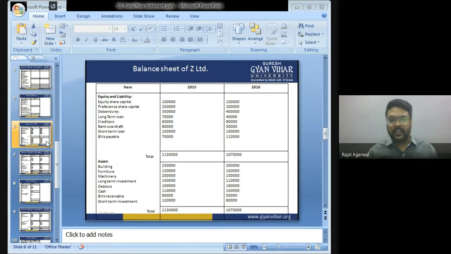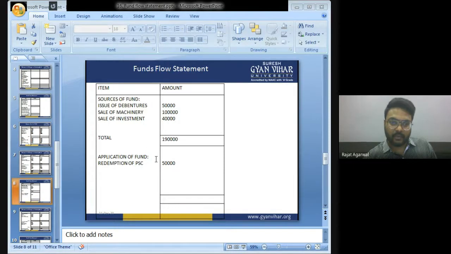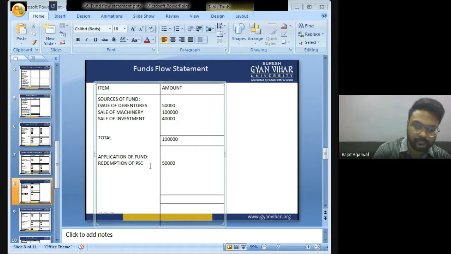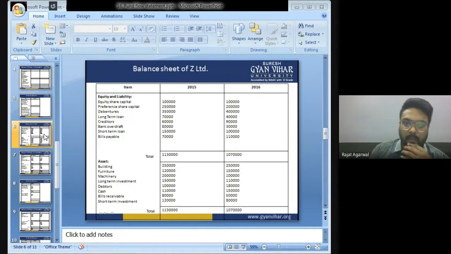It means the loan is decreased, the liability is decreased. It means we have repaid a loan of 30,000. If you repay the loan, the fund will go. So application of fund: repayment of loan 30,000.